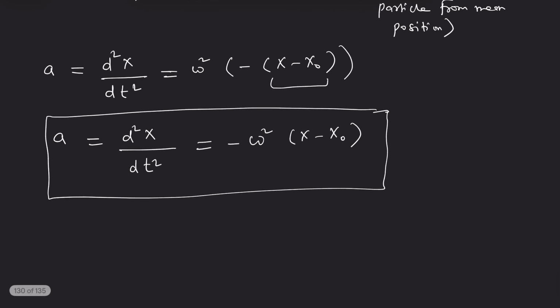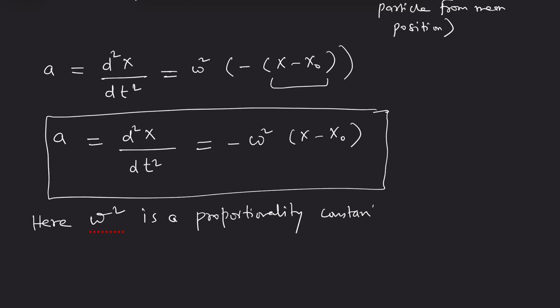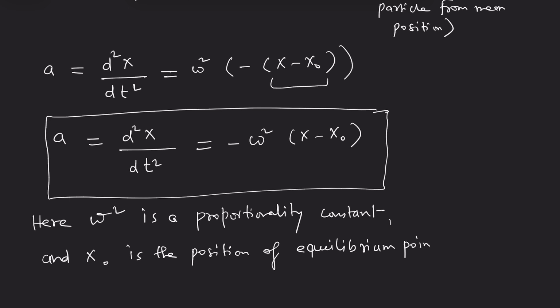Here omega square is a proportionality constant, and x naught is the position of the equilibrium point from the origin.